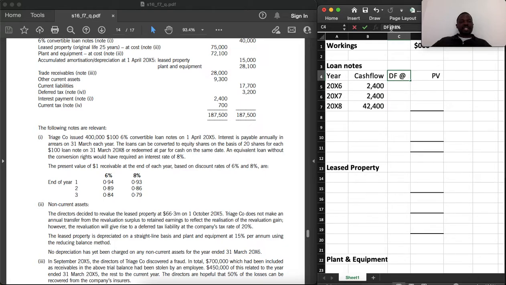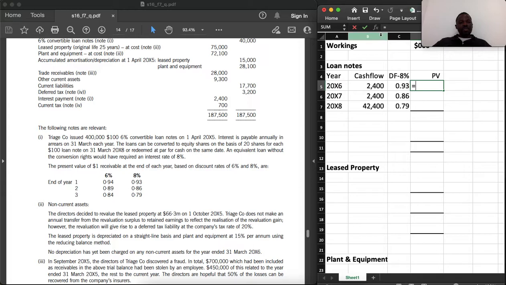My screen is very small, so I will simply say 8% like that. Then my discount factor is 0.93, the other one 0.86, third year 0.79.